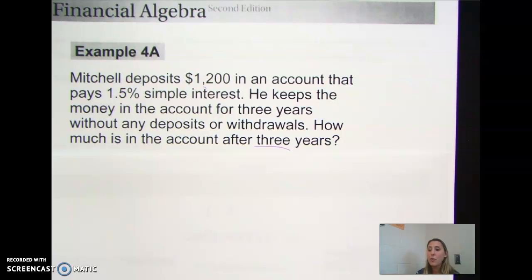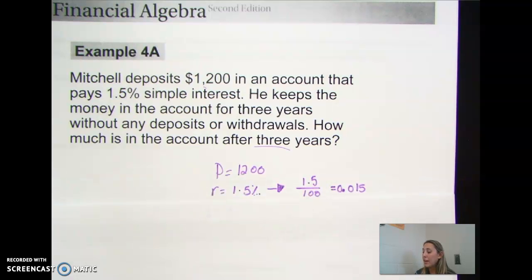It doesn't give you a final result of what you would have at the end. We'll have to do an extra step. So the first thing I'm going to do is identify my principal. So P equals 1,200. Then I'm going to identify my rate. So rate is written as a percent, but I need it as a decimal. So even though it's 1.5% and that looks like a decimal, I actually need to turn that percentage into a decimal.